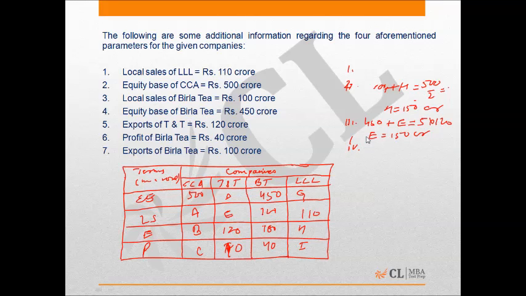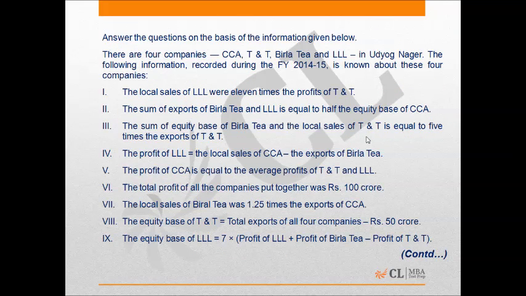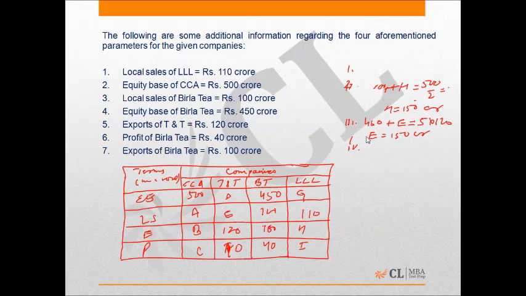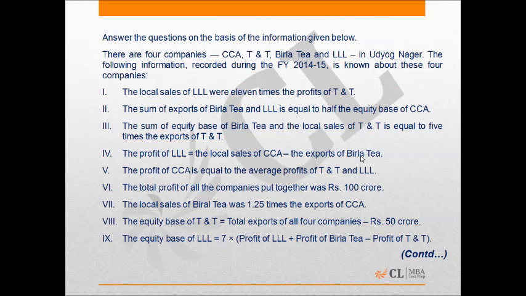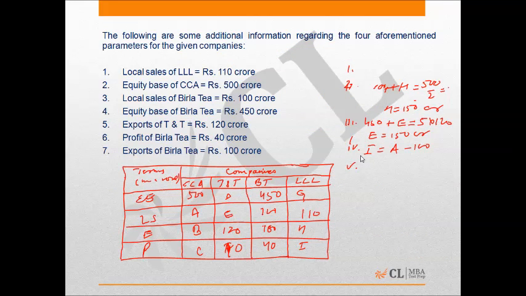Coming to the fourth statement, the profit of LLL is equal to the local sales of CCA minus the exports of Birla Tea, which translates into I equals A minus 100. Coming to the next statement, which states the profit of CCA is equal to the average profit of T&T and LLL.